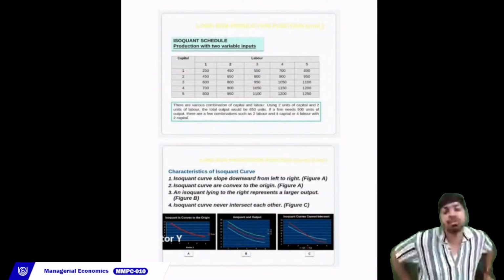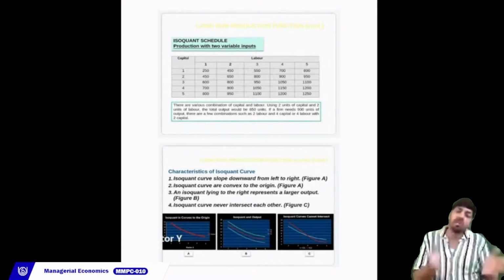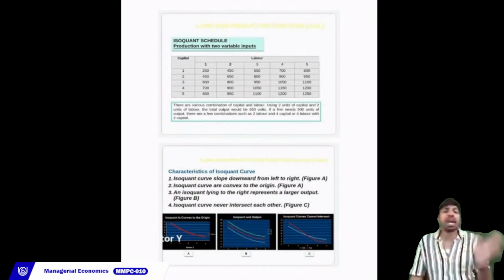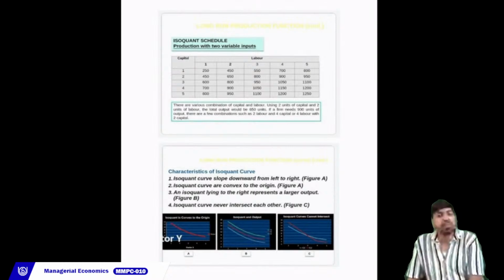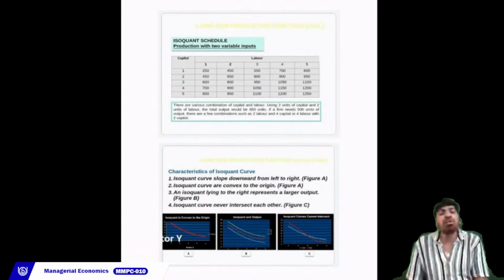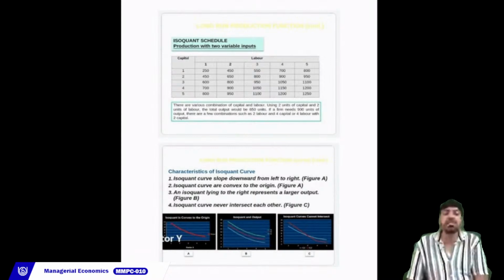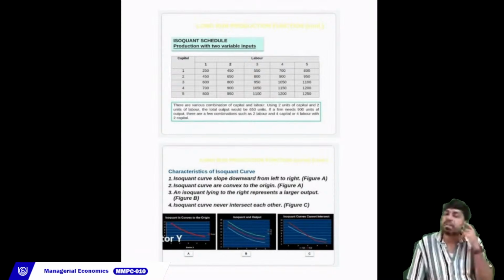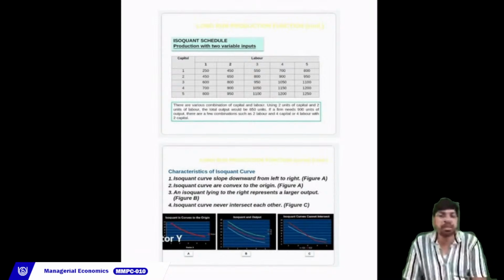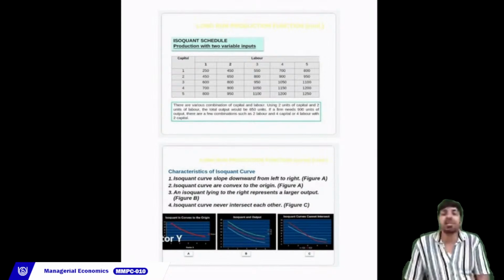That's called isoquants. Isoquants always state that when you combine two factor inputs, labor and capital, they yield the same level of output. If we combine labor and capital to get 800 or 850, that's the same level of output. That's called isoquant.